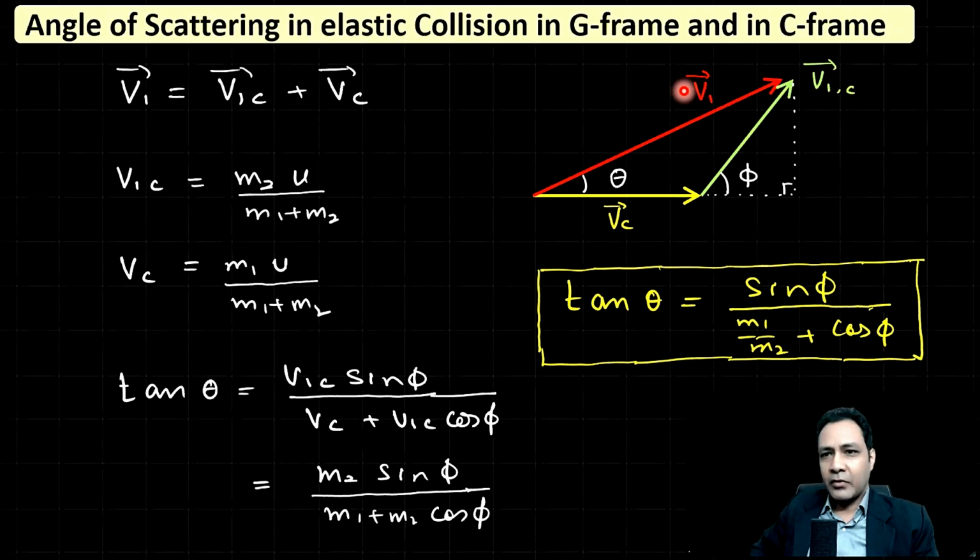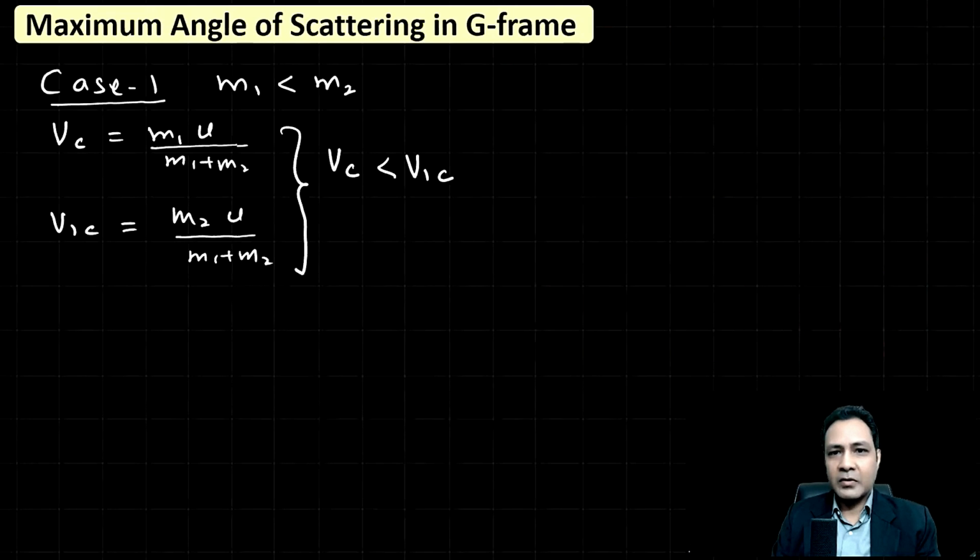So v1c will be fixed in magnitude for the same initial boundary conditions. But what can change? Phi can change. If the line of impact is different, phi will be different.